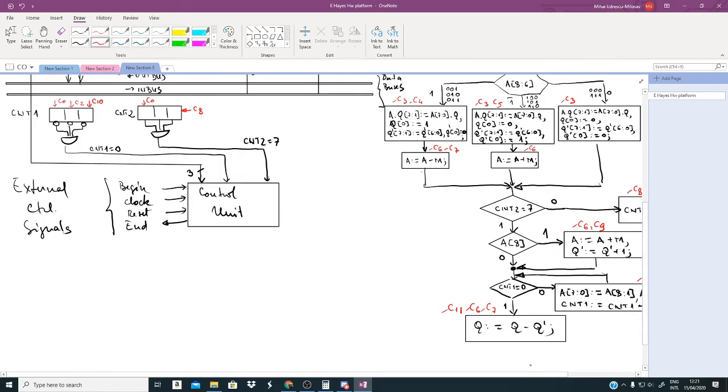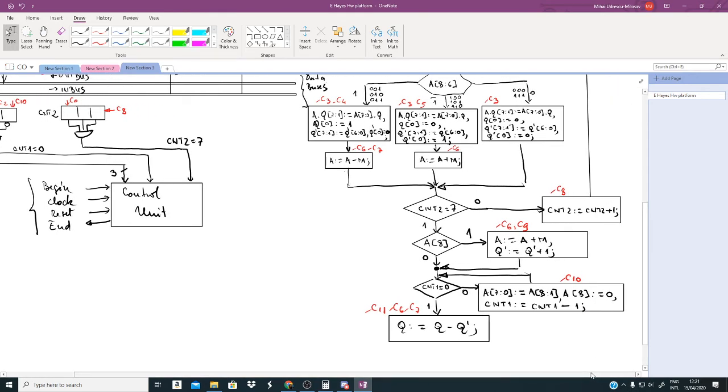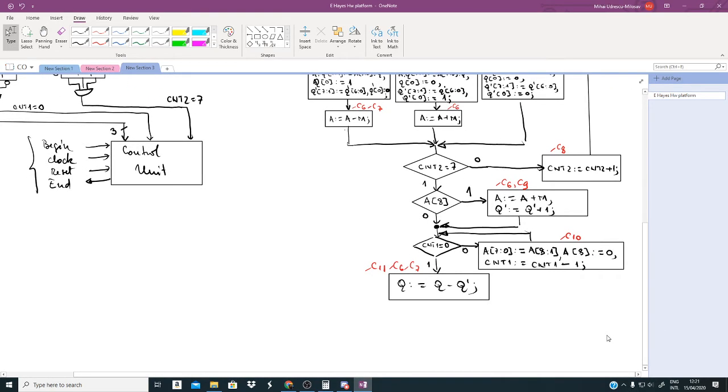Now, after this, the only thing that we need to do is to put the result on the outbus.